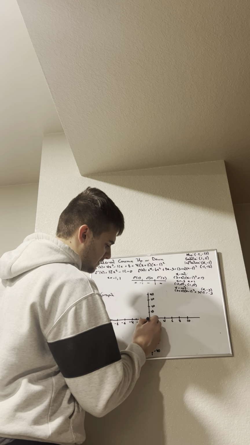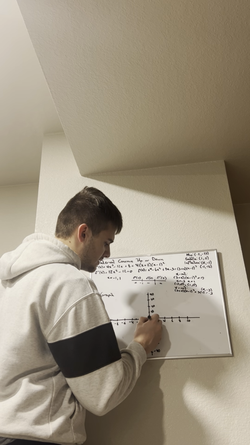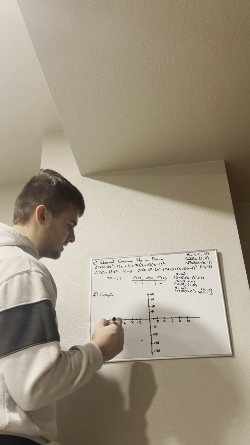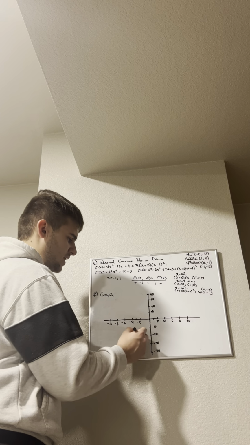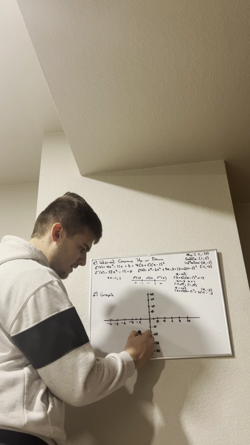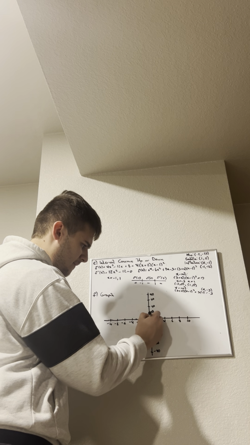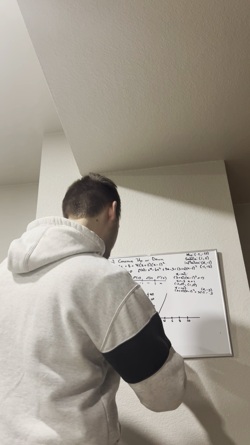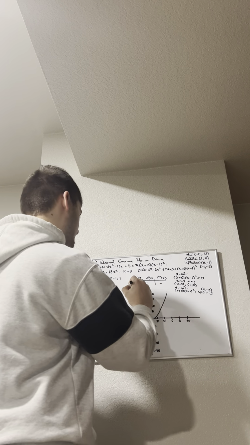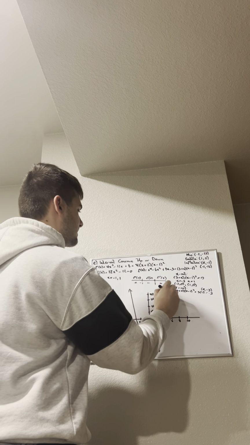So let me just rewrite that real quick. So -3 would be right here, and +1 would be right over here in this case. So now if we are to draw it all out, we should get something like this for the graph.